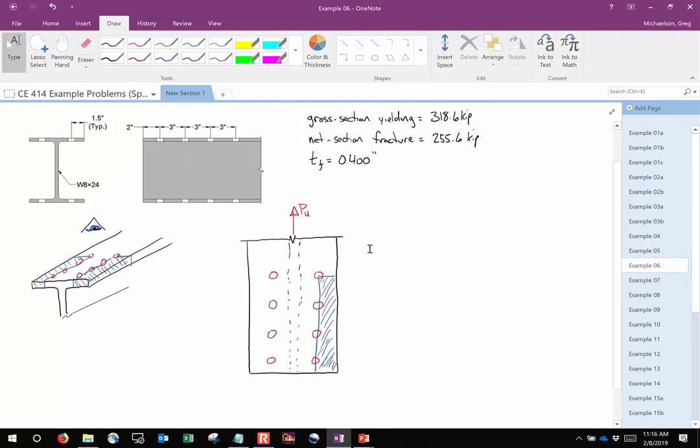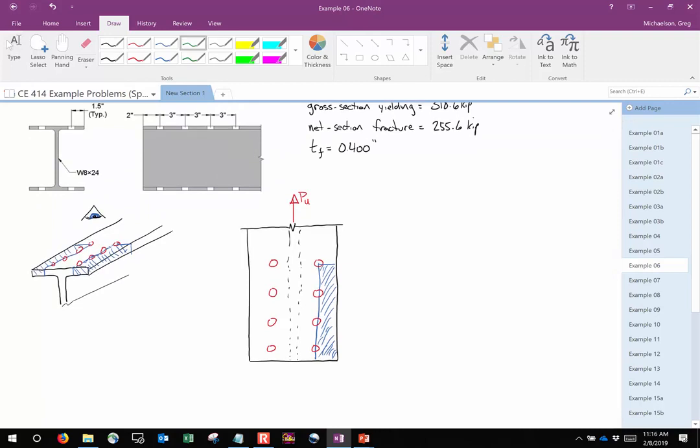So let me scroll up a little bit. There we go. Let's get some dimensions on this. Okay? So help me out. What is this dimension right here? 1.5 inches. What is this dimension? That's 2.